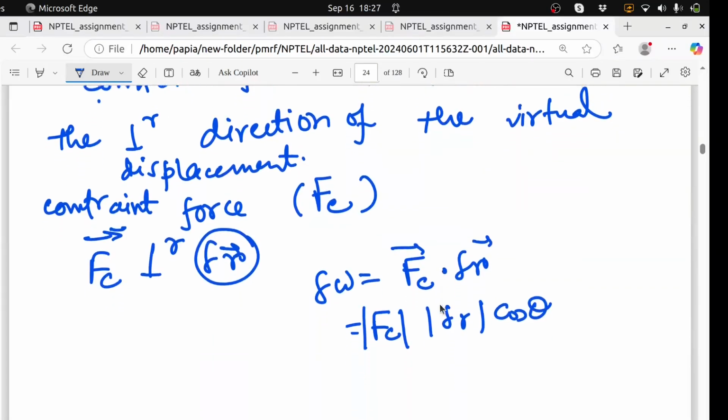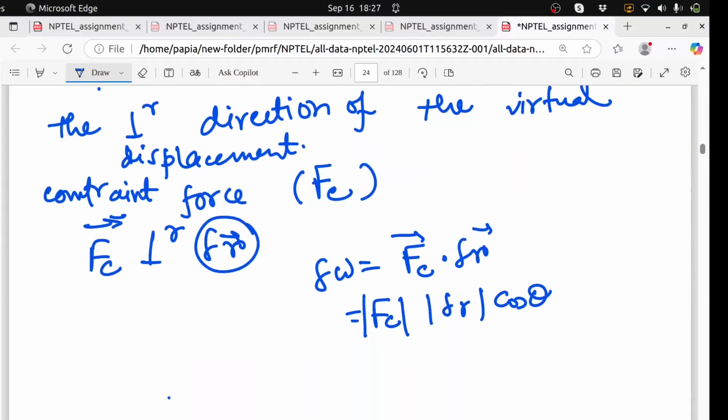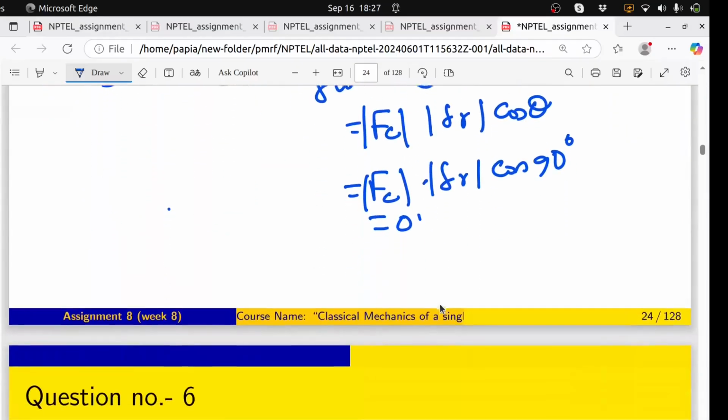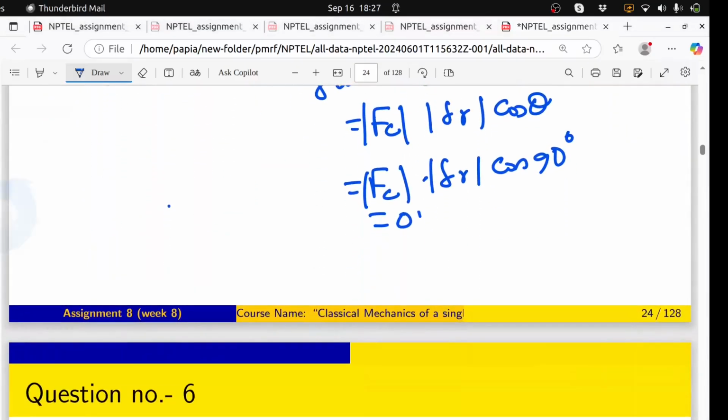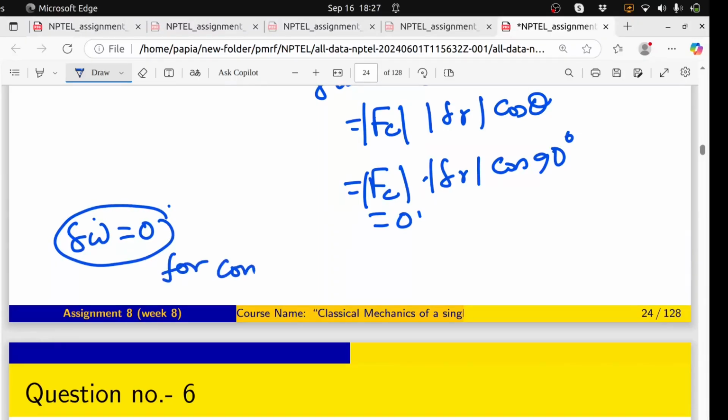At 90 degrees, cos 90 degrees is 0, so delta W is 0 for a constant force.